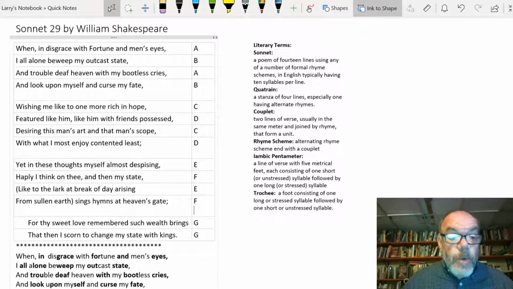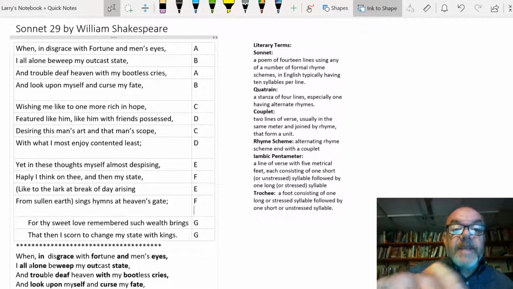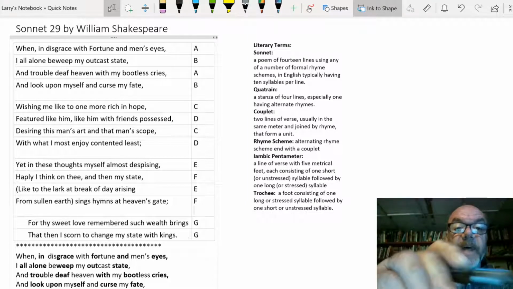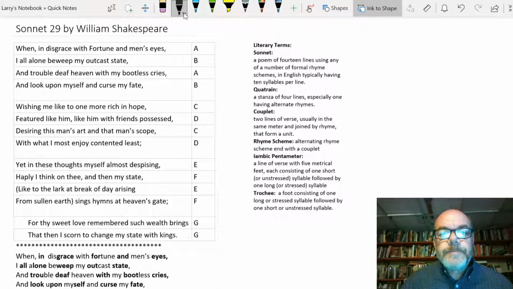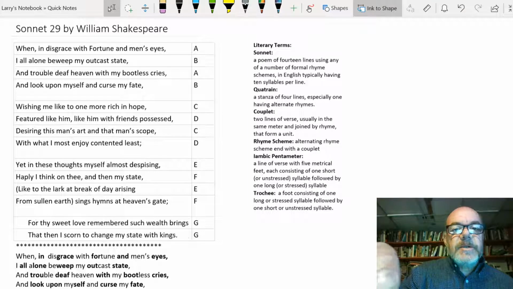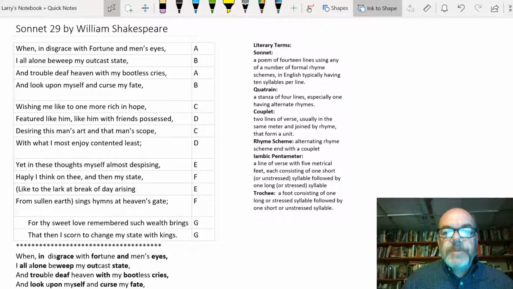With what I most enjoyed contented least. So possibly that object of love, possibly the ability to write, to create. Those gave that person joy or happiness, but now even that gives them sadness.